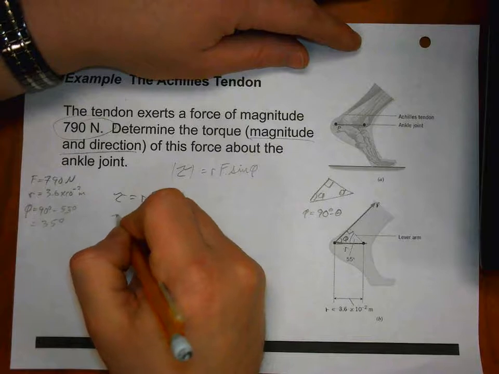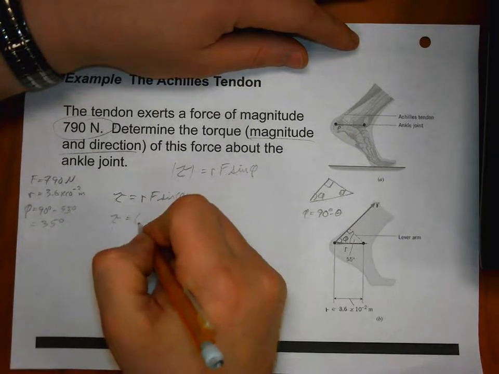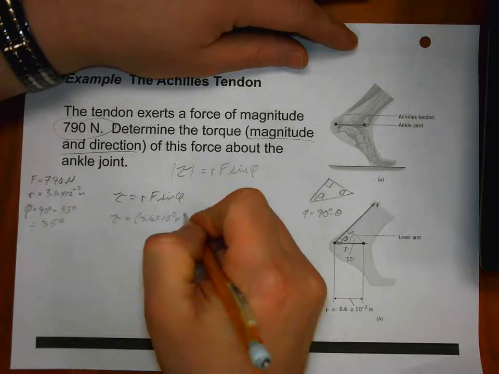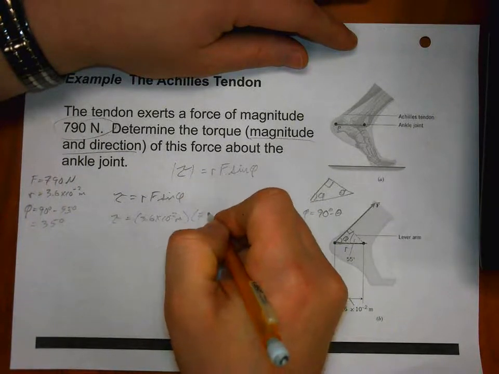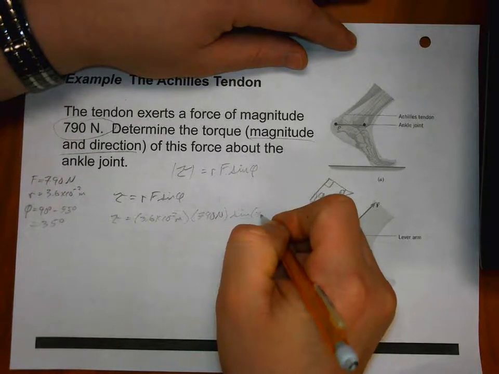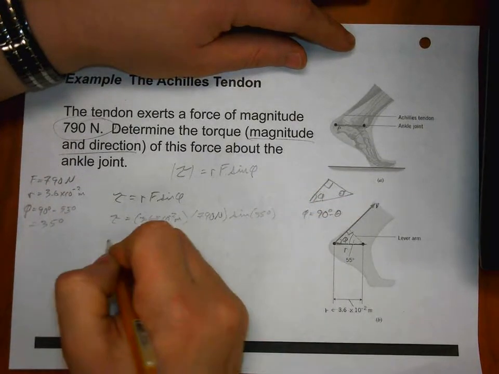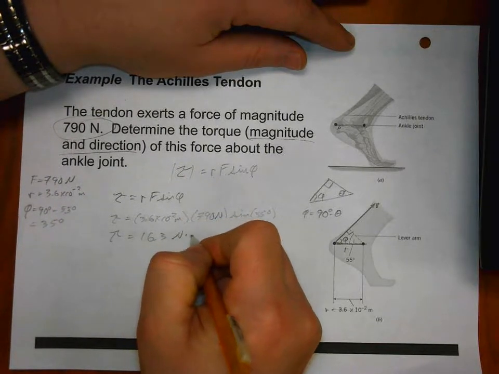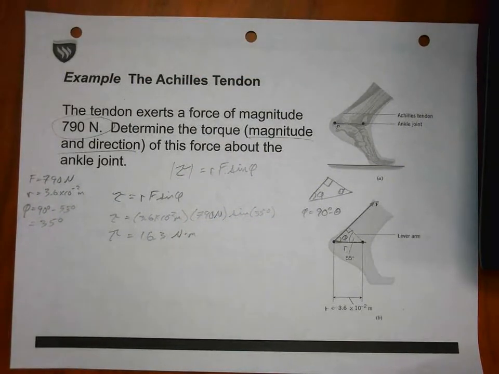So the magnitude of the torque is just 3.6 times 10 to the negative second meter times 790 newtons times sine of 35 degrees. If you calculate that out, that equals 16.3 newton meters.